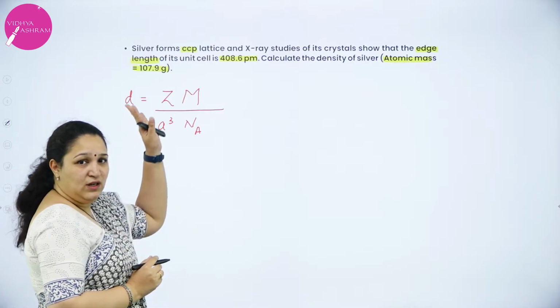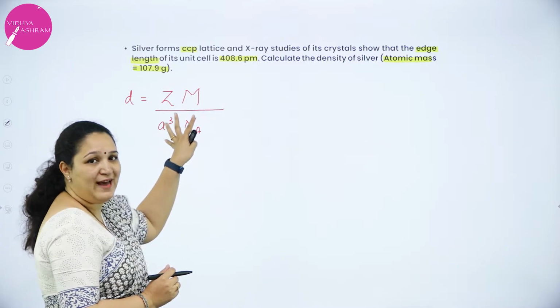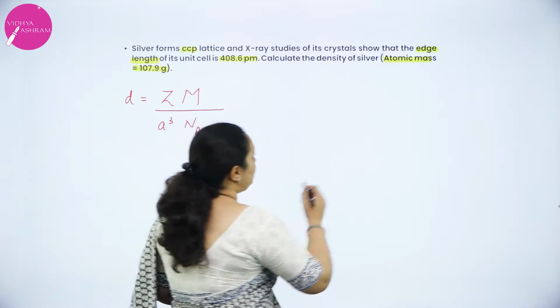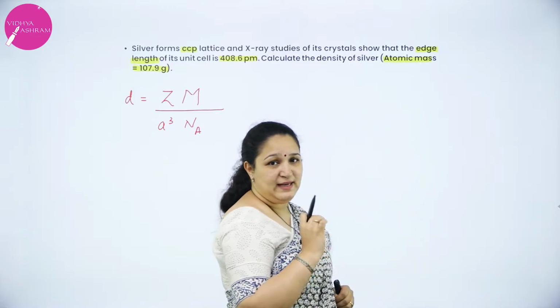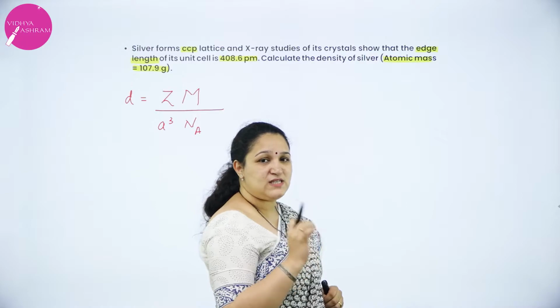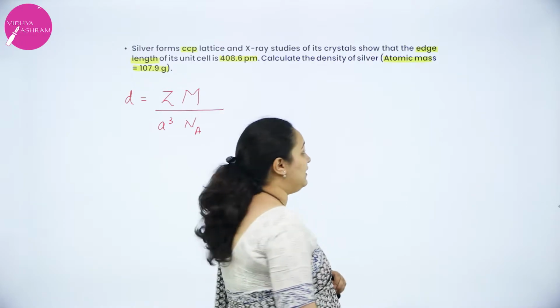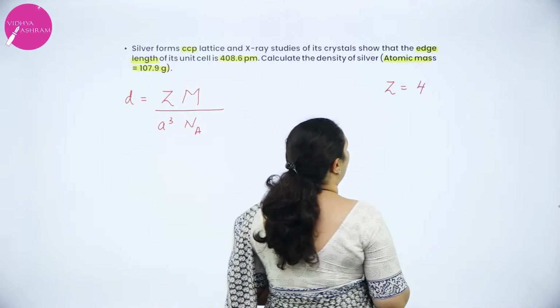Now from the question again I'll see whether I have all the values required for my problem. First, they have told it is CCP lattice. CCP or FCC, how many particles does it contain? It contains 4 particles. So Z will be equal to 4.